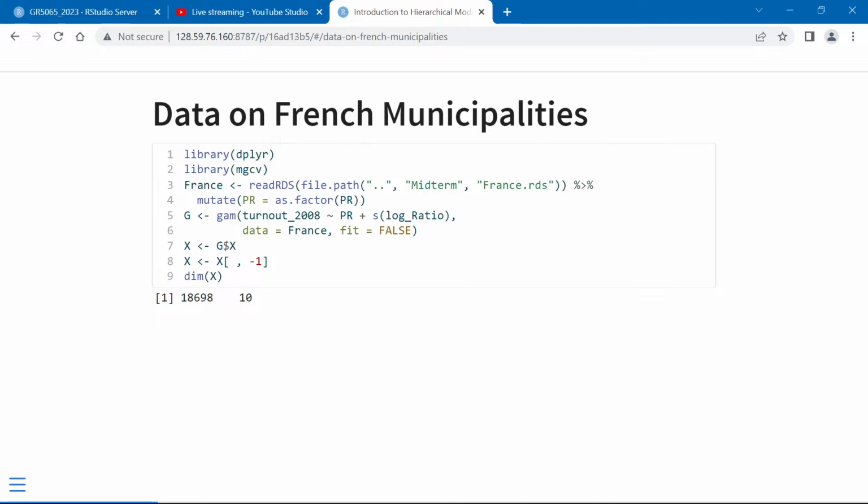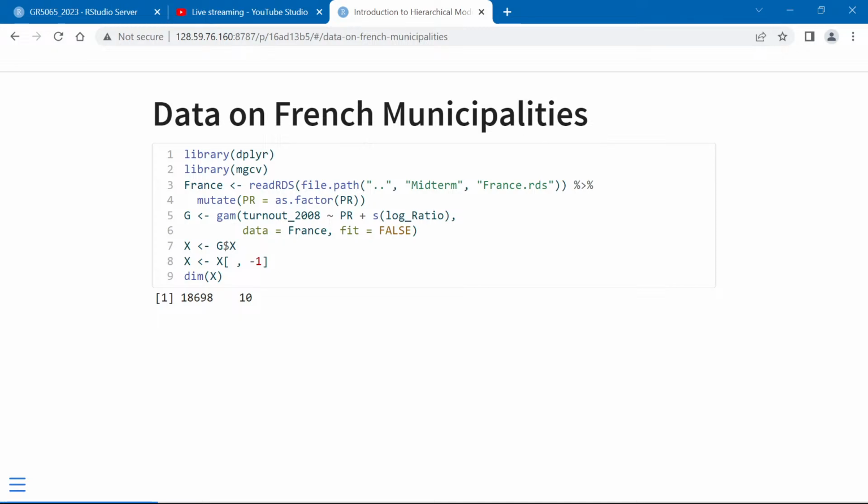Again, going back to the data on the midterm, which was on the French municipalities, and the goal of the research was to ascertain what's the causal effect of a municipality getting just enough population to cross the threshold where they need to change their system to use proportional representation at the municipal level rather than a plurality system, which is required by law for municipalities with less than 3,000 people or whatever it is.